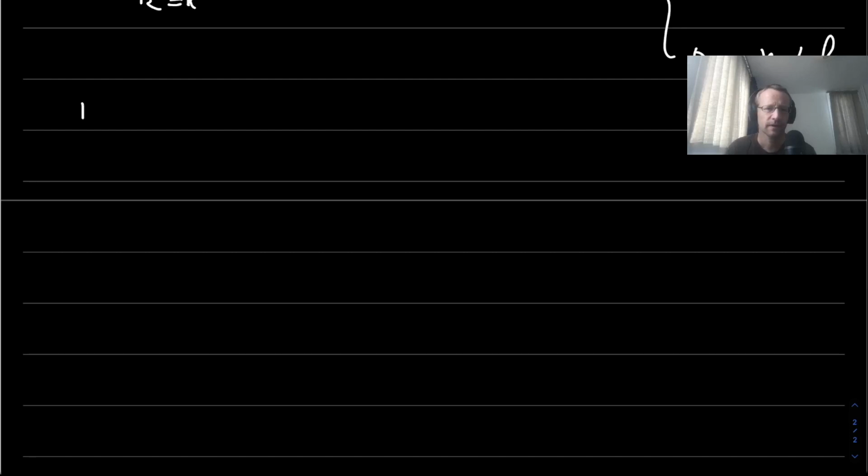Now, a second definition, which one can also often find of these Stirling numbers, and which perhaps is more manifestly combinatorial, is the following.